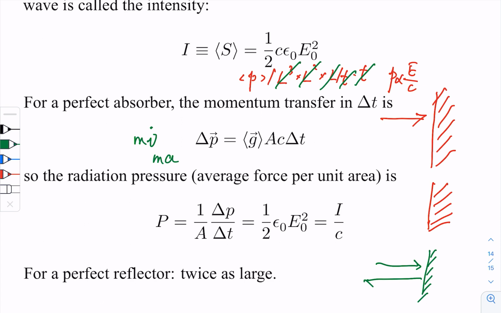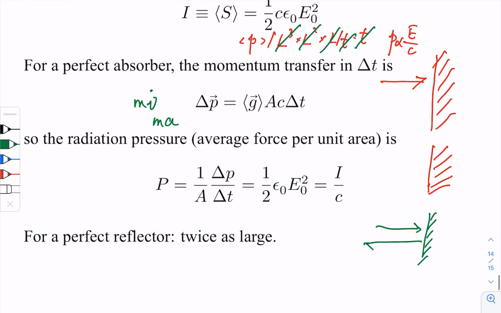In this case, you can imagine that the photon not only gives a kick to the right, the mirror will also have to emit a photon to the left. So there is twice the change of the momentum. So the radiation pressure on a mirror must be twice as large as on a black body or a perfect absorber.